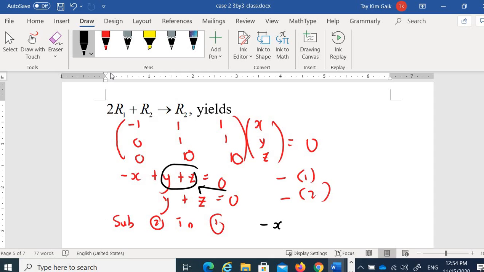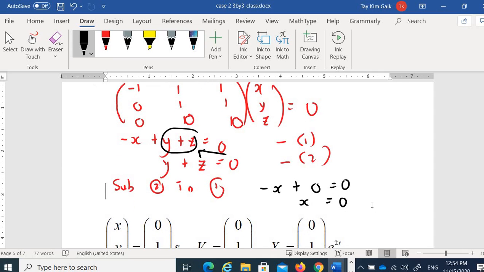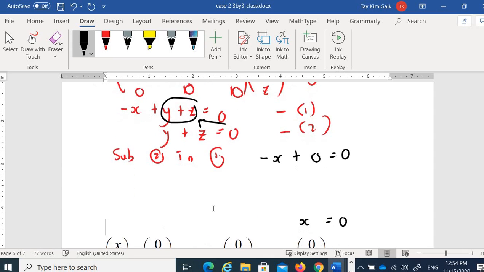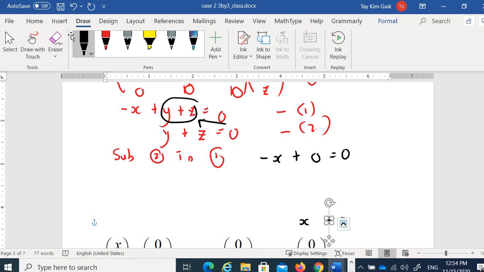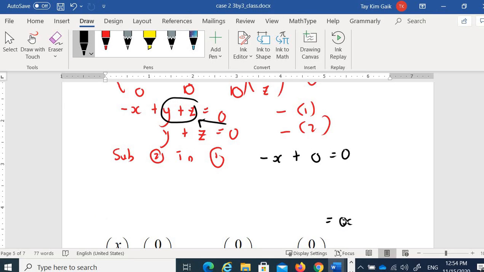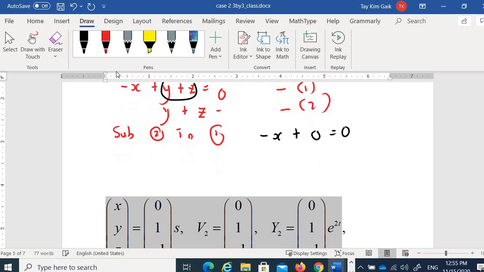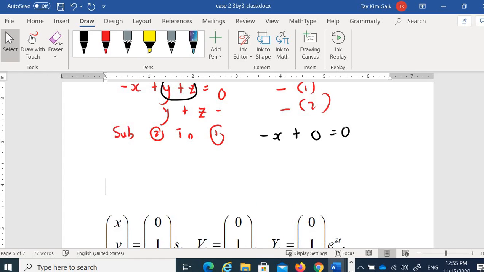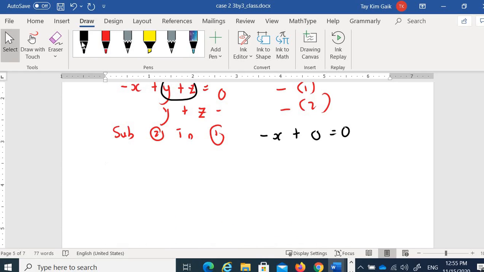That's why negative x plus 0 equal to 0, meaning x equals 0. From here we have x equal to 0.